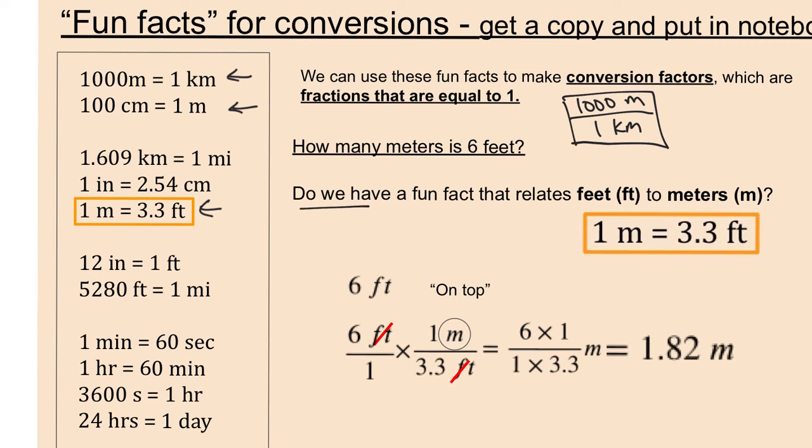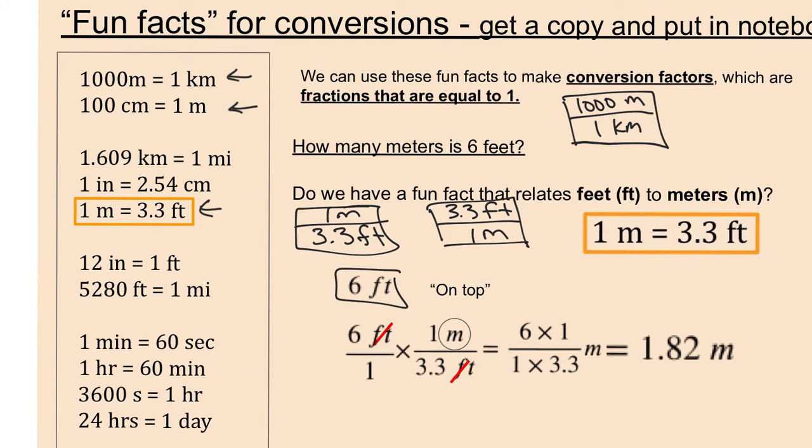So that means we could make a tile that looks like this, or remember you could flip them and they were the same thing, right? Because it's still 1. So we start with 6 feet, all right? That's what we're given.